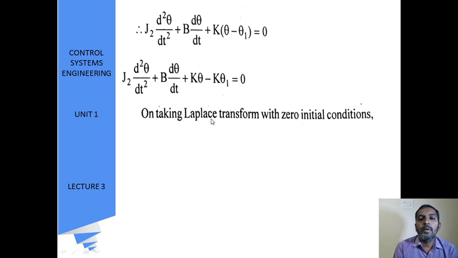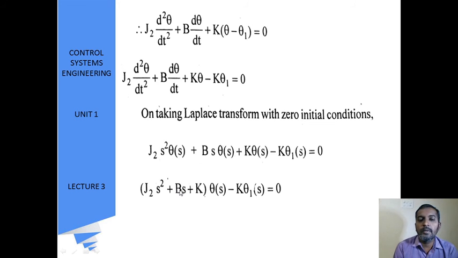By taking the Laplace transform on both sides with zero initial conditions, J2 s square theta of s plus b into s into theta of s plus k into theta of s minus k into theta 1 of s. And by taking theta of s as common, (J2 s square plus bs plus k) theta of s minus k into theta 1 of s is equal to 0.